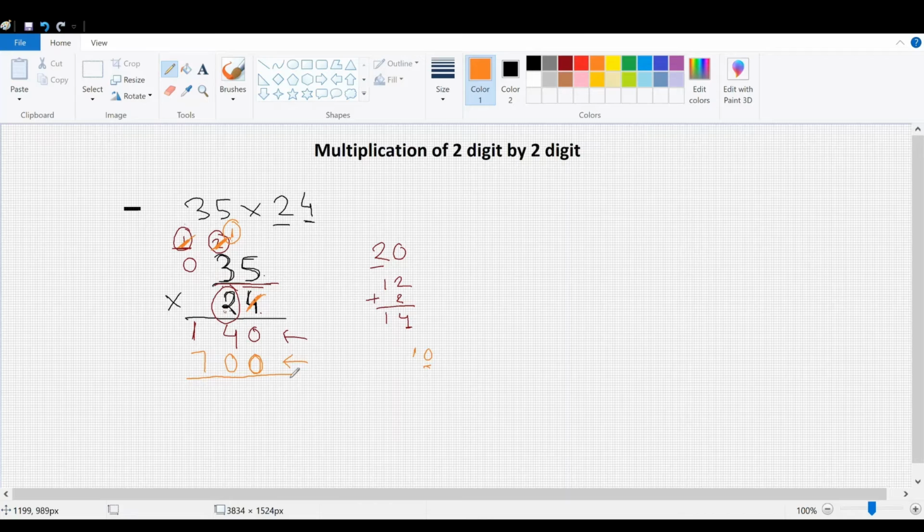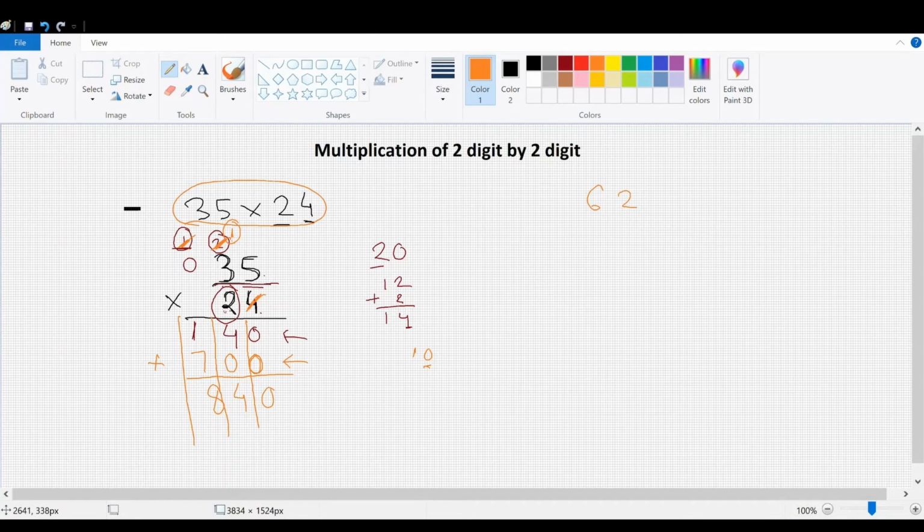To get the total product of 35 times 24, we just need to add these two answers together. 0 plus 0 is 0, 4 plus 0 is 4, and 7 plus 1 is 8. If you notice, all my numbers are lined up according to their place value. So the product of 35 by 24 is 840.